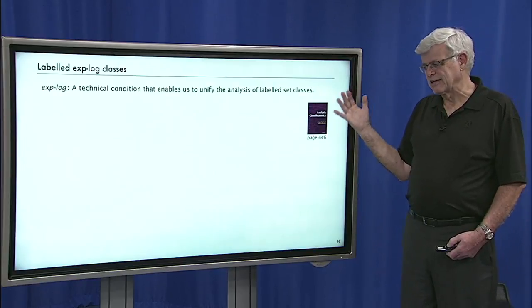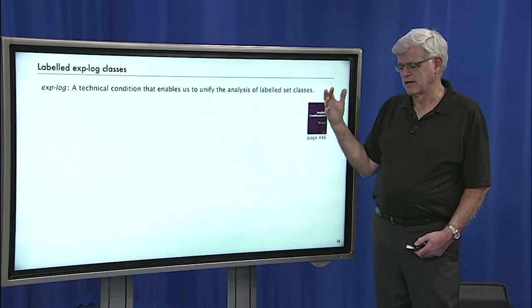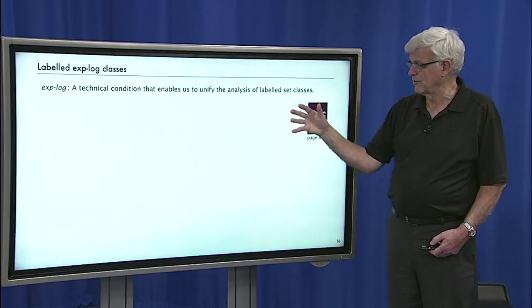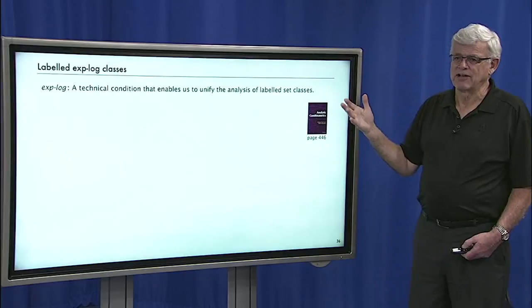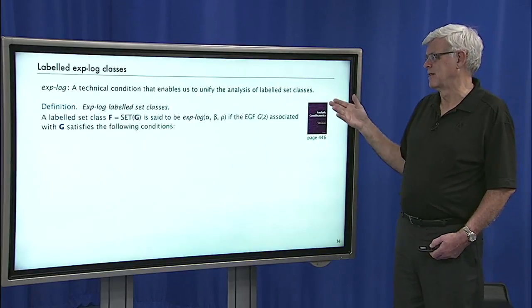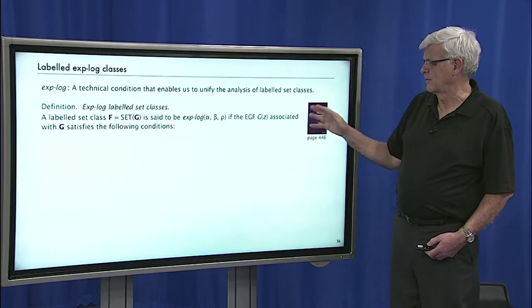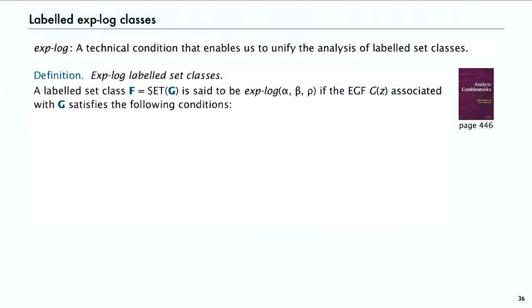Now there are some technical conditions that we can check that the generating function coming from the construction satisfies. And if it satisfies these technical conditions, then we can get a quick analysis. We say that it's exp-log with parameters alpha, beta, and rho if the generating function for G, the ones that we're taking sets of, satisfies these conditions. It's going to be analytic at zero with non-negative coefficients.